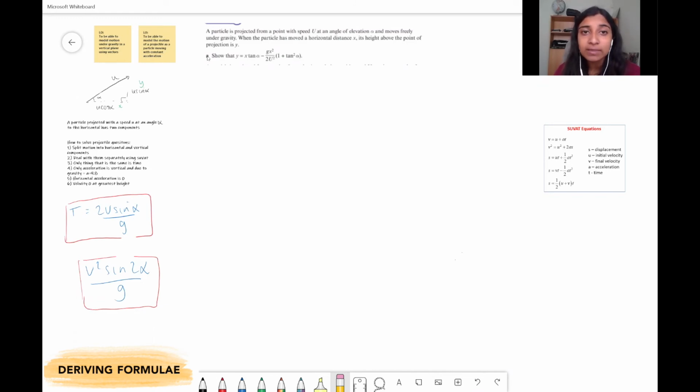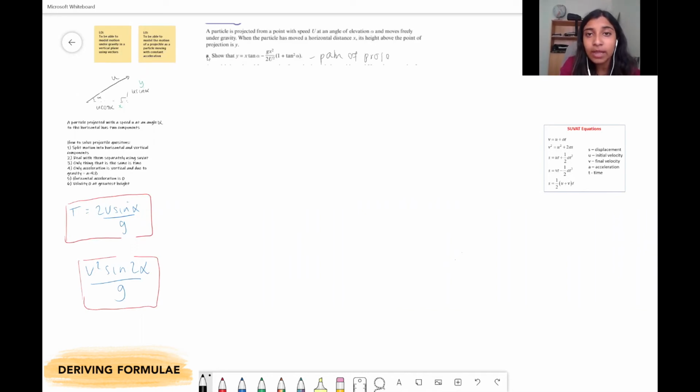When the particle has moved a horizontal distance x, its height above the point of projection is y. So we want to show that y equals x tan alpha minus g x squared over 2u squared times 1 plus tan squared alpha. So this is also called our path of projectile.